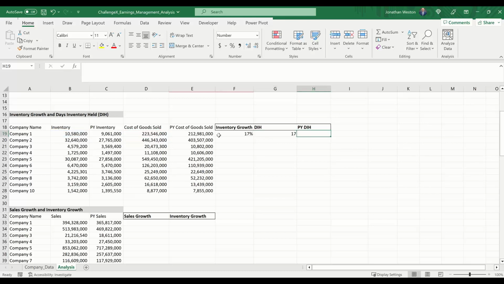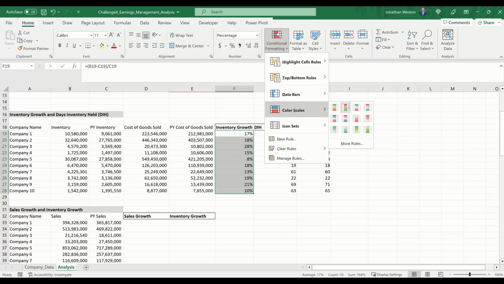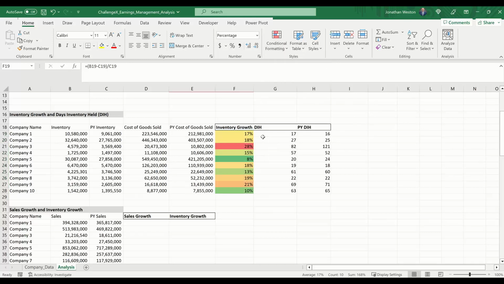And then we can do the same thing for the previous year. And then drag these formulas down. Inventory growth will be on its own conditional formatting, and we will do red, yellow, green because we don't want too high of an inventory growth.